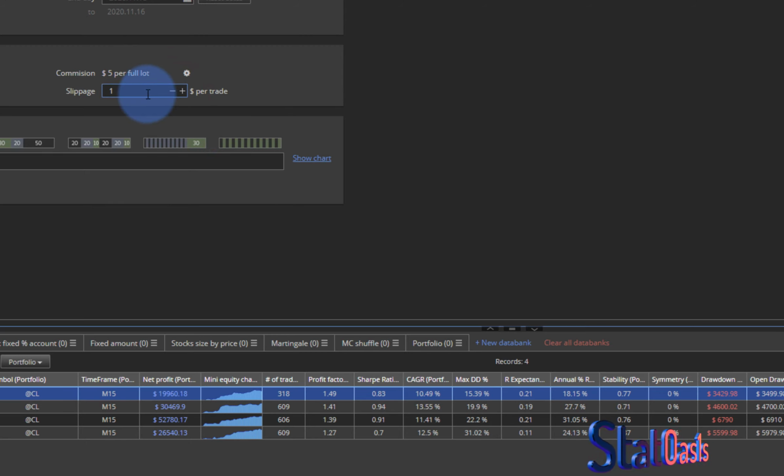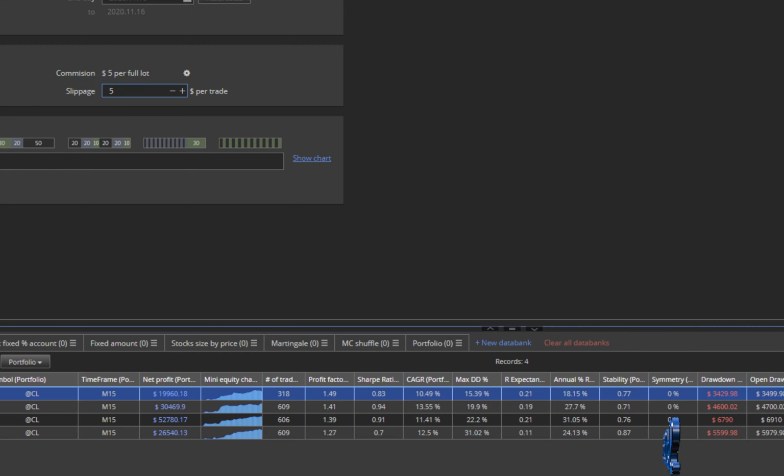For some reason, slippage 1 should be $10, but I don't know why SQX is calculating it as 2. Again, these are one of these odd things, but you have to work with what you have. So you need to make this 5 slippage to count as 1 tick, which is 1 tick, yes?